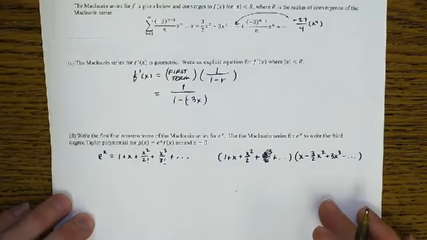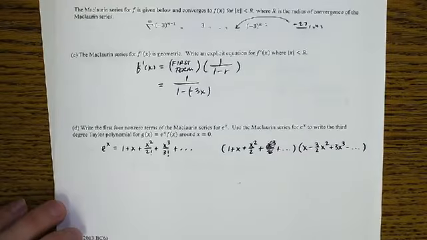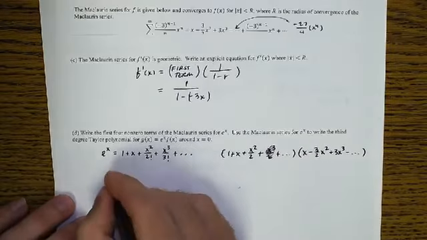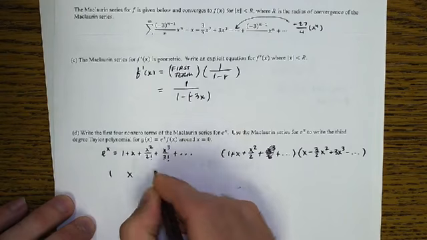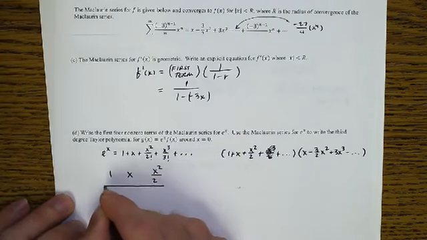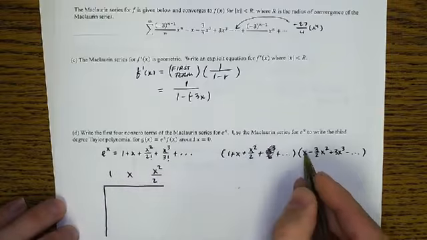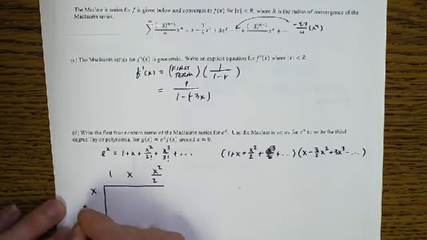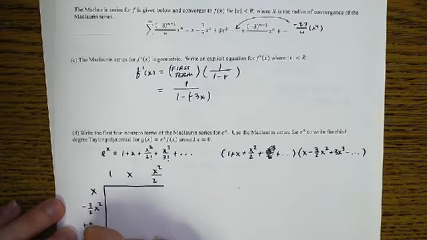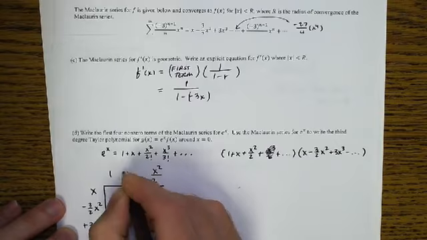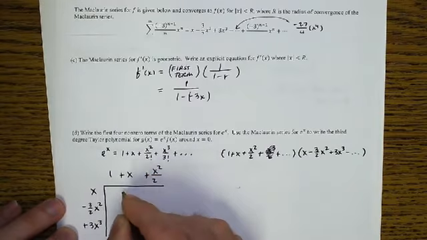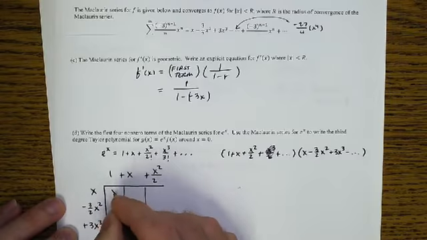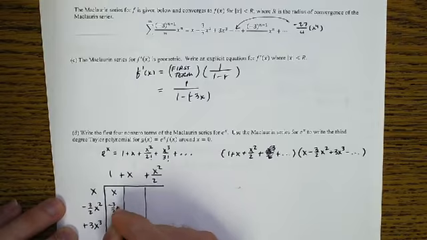This is the one where I like to set it up using a box. Okay, so I'm going to do that. I'm going to say 1 plus x squared over 2, and multiply this by x minus 3 halves x squared and positive 3x to the third. I'll do this column first because it's just multiplying by 1.